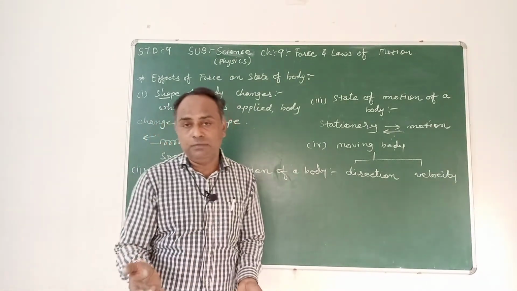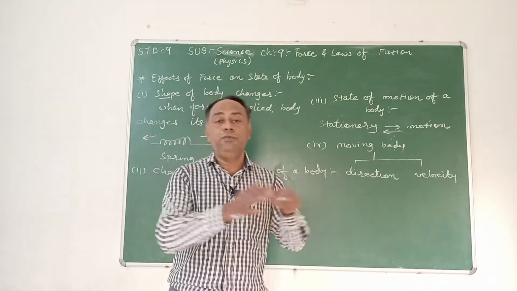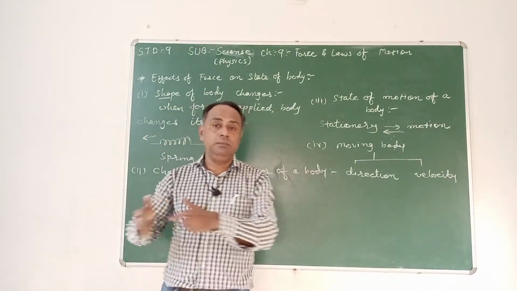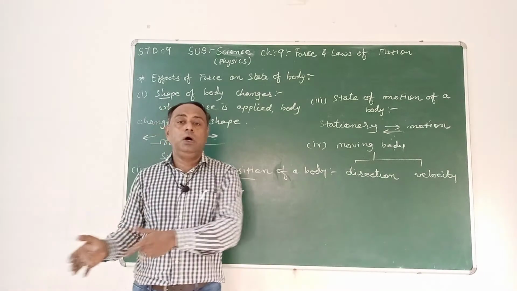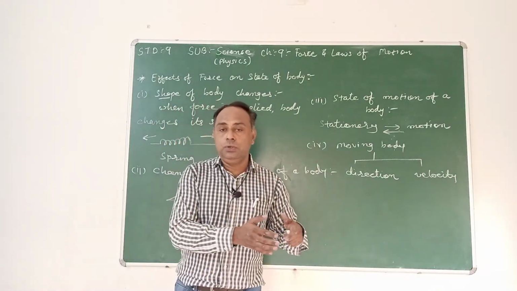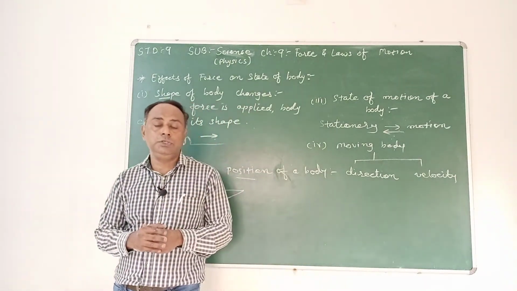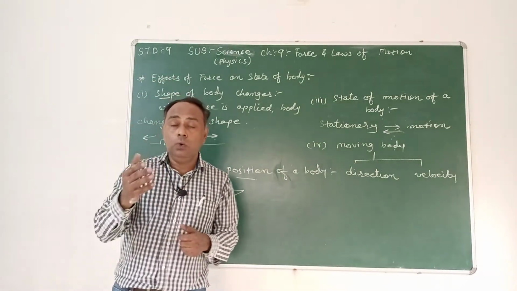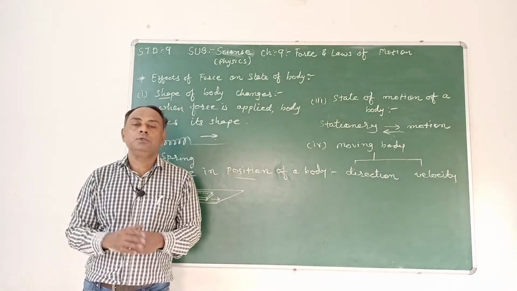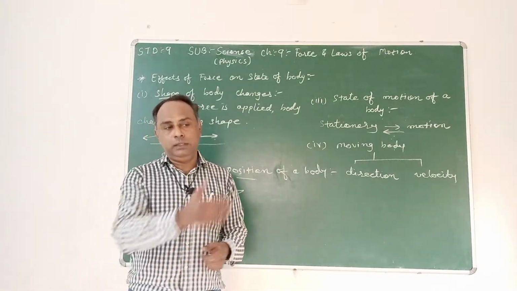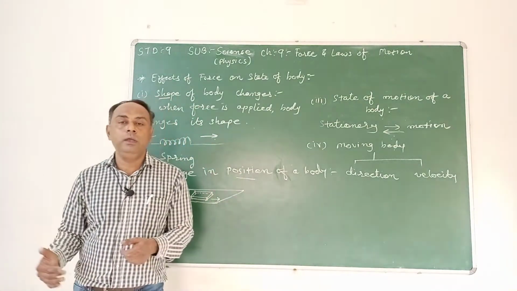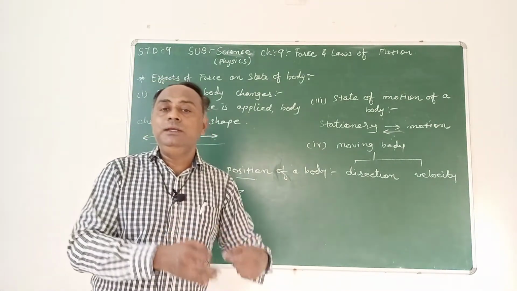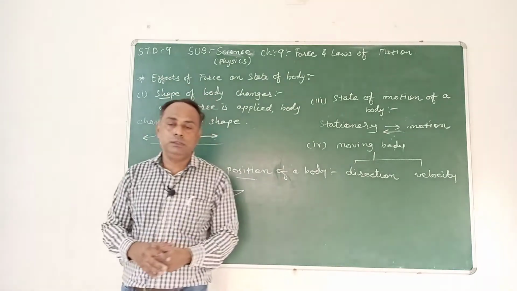We have a great example of the same thing, passing of football on a football ground by the footballers. As we see, there are different sections of players. Some are playing at the forward position, some very near to the goal post. So we are able to understand that the ball is moving and its direction is continuously being changed by all the footballers.